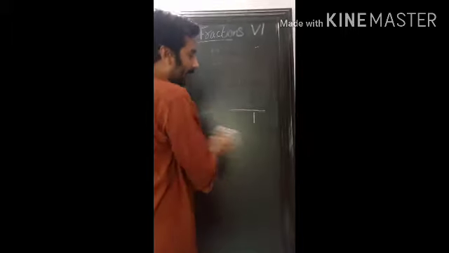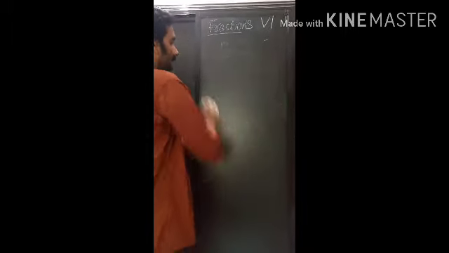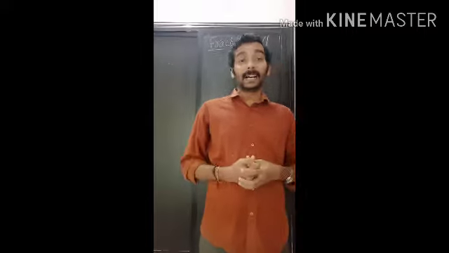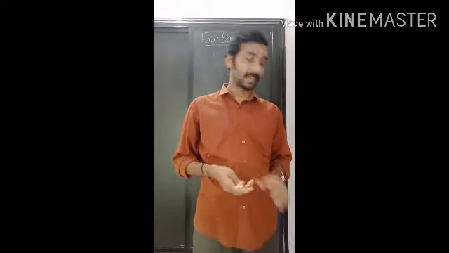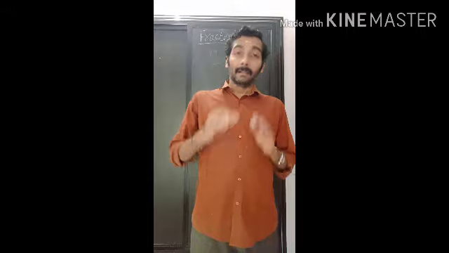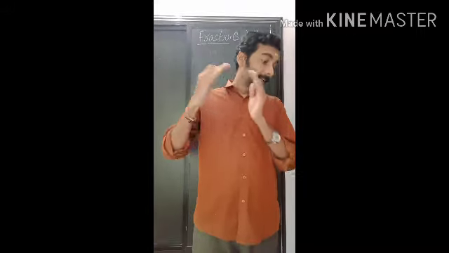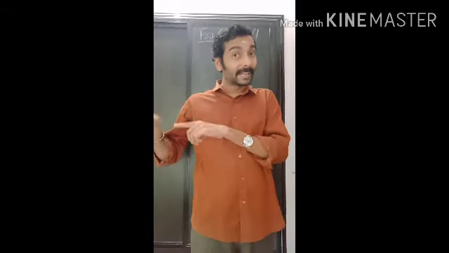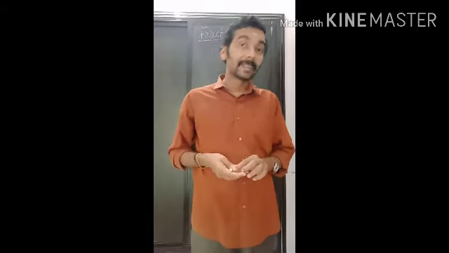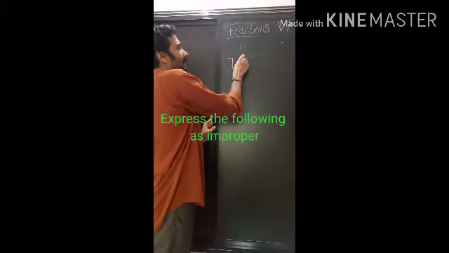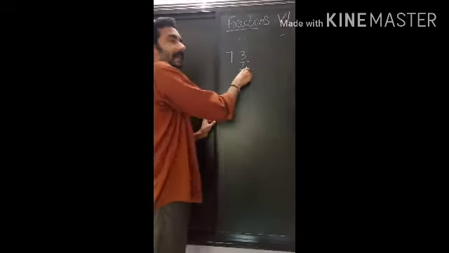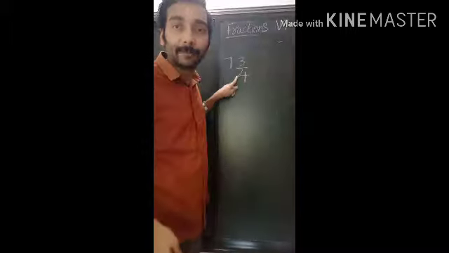Then the third question is: express the following as improper fractions. Convert the following into an improper fraction. 7 3 by 4. We know it is a mixed fraction.